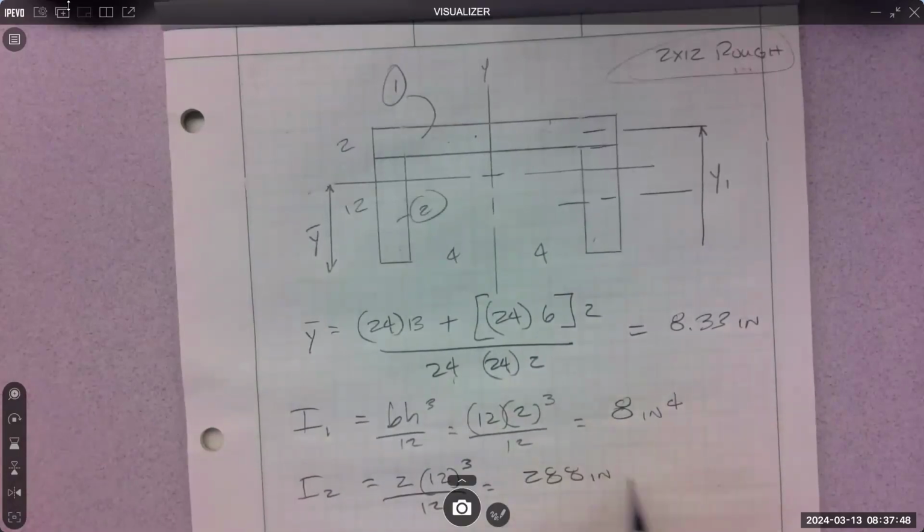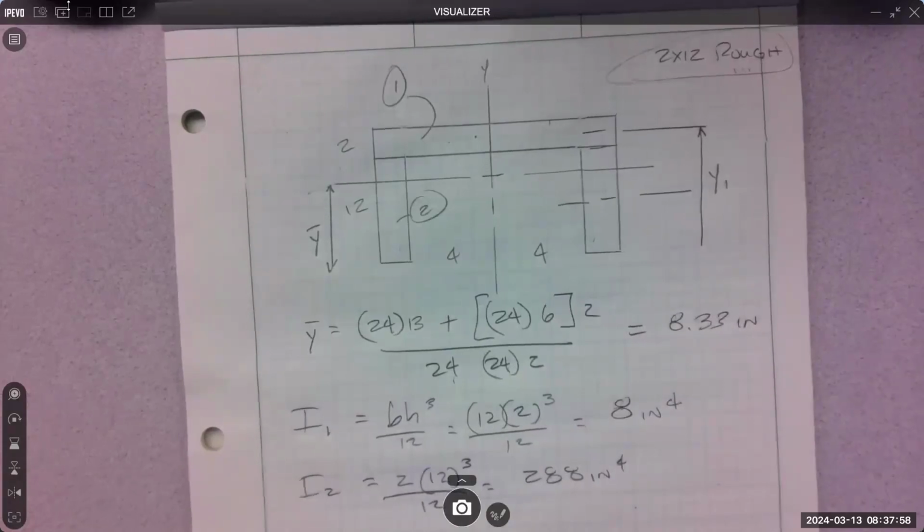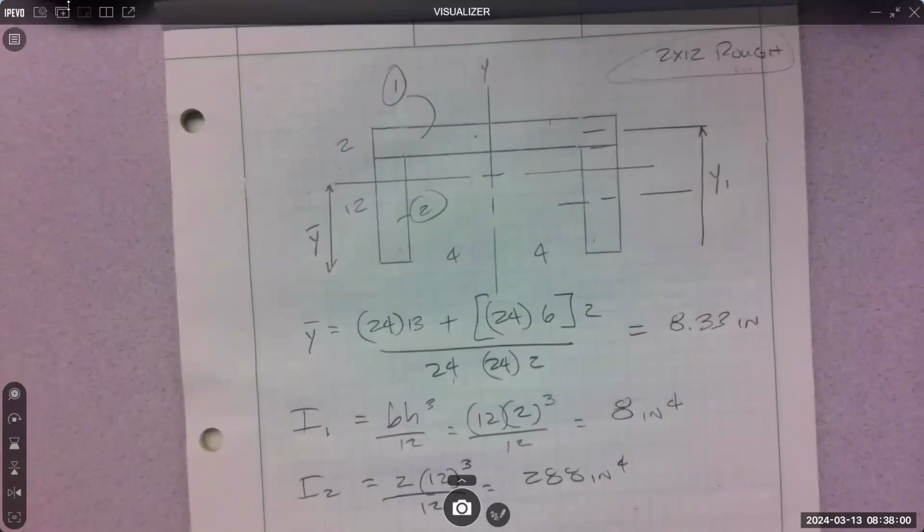There is 2 of those. We'll deal with that when we transfer, right? Right.